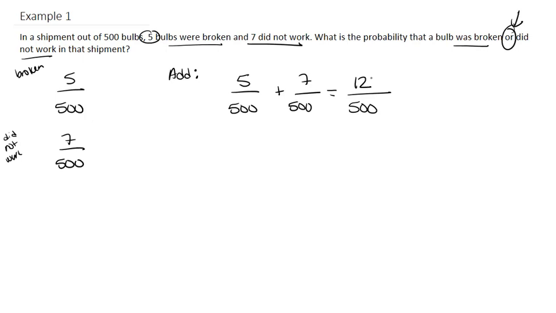So let's reduce the top and the bottom both by 2. So we get 6 over 250. We'll say reduced, so we know. And we will stop right there, and that is our probability that either a bulb was broken or did not work in that shipment. So let's look at another example.